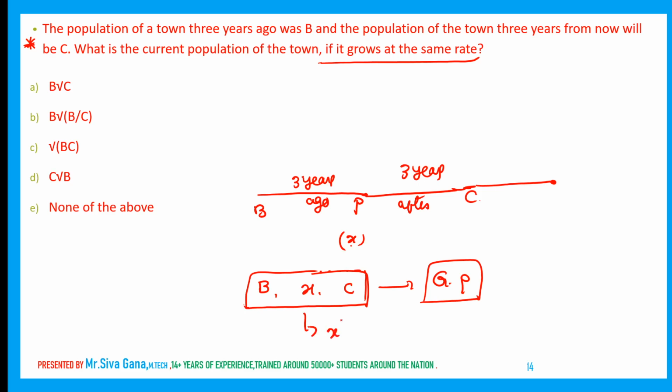The middle term X is such that x square is equal to bc, so x is equal to root bc.